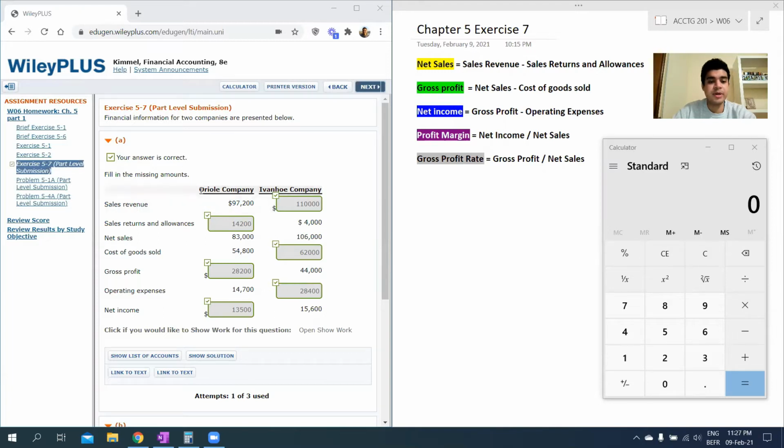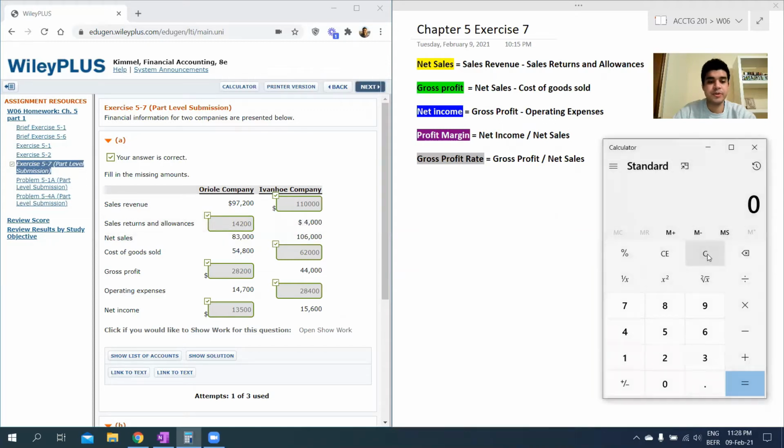So we have here Oriole Company. Sales revenue, we have 97,200. We have sales returns and allowances, so this amount is missing in the exercise. And we have net sales. We have a formula to calculate net sales, but we already have net sales here. We have to calculate sales returns and allowances. So how to do that?